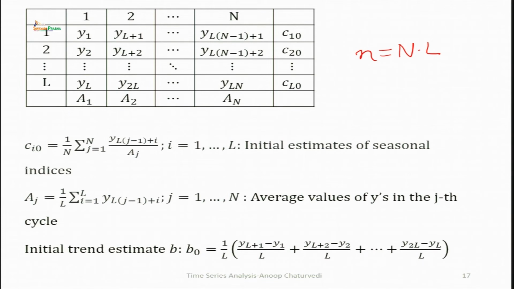Then the initial trend estimate B naught is equal to 1 upon L times (y_{L+1} minus y_1)/L, means this minus this upon L, plus (y_{L+2} minus y_2)/L, this minus this upon L, and so on. You go up to (y_{2L} minus y_L)/L. So, this is the initial estimate of B.